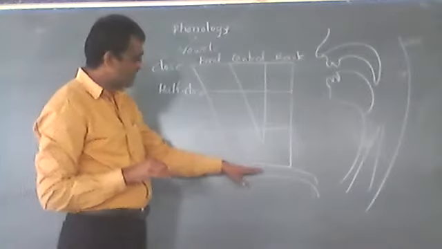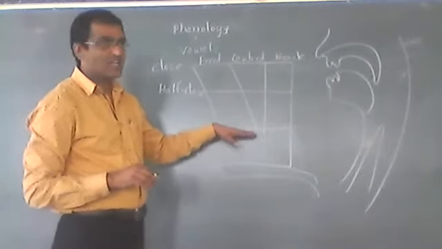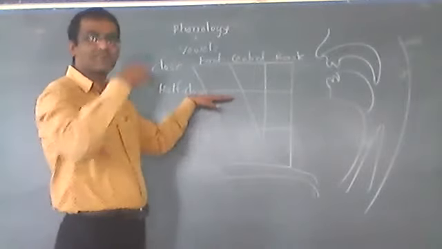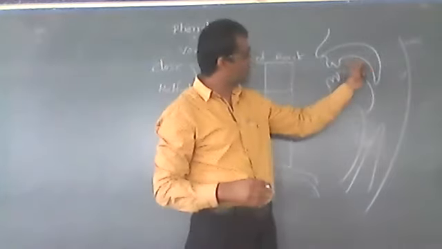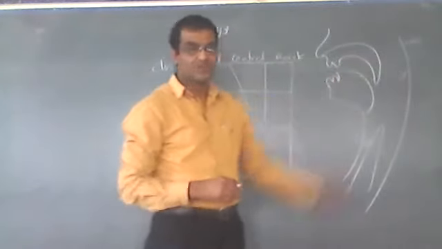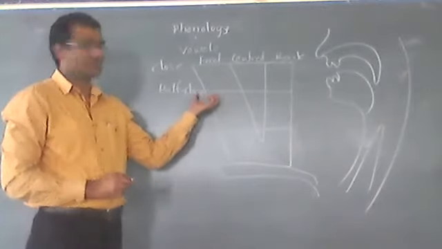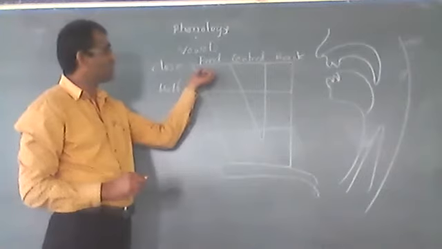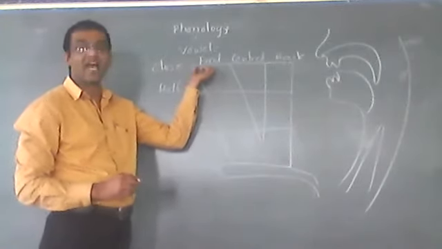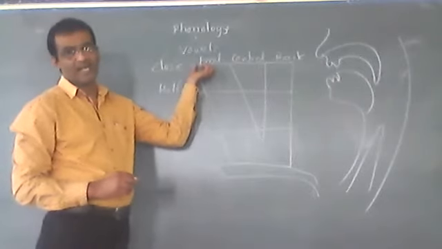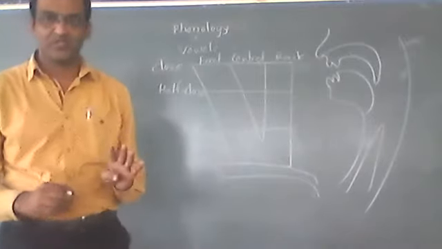If the tongue is slightly raised, it's half open position. If the tongue is brought just near the roof, this is called half closed position. And if the tongue is brought very close to the upper roof, or the hard palate, it's called the closed position. So we have four positions of the tongue.